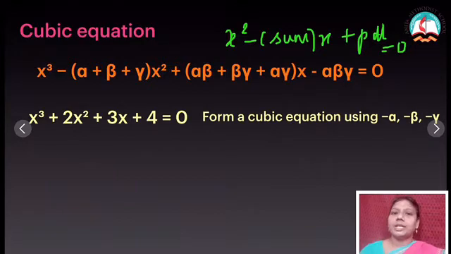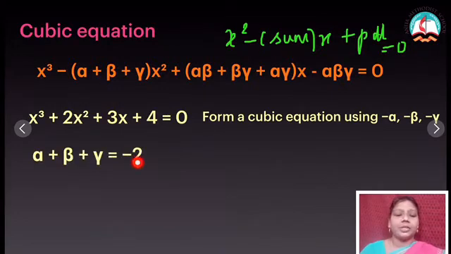Three roots are given to us and we have to form the equation, but this is the given equation. So from this I can find alpha plus beta plus gamma, alpha beta plus beta gamma plus alpha gamma, and so on. This is equal to minus 2. You just take the sign over here: minus, plus, minus, plus, minus. Since we have a positive coefficient over here, I am taking the value as minus 2.